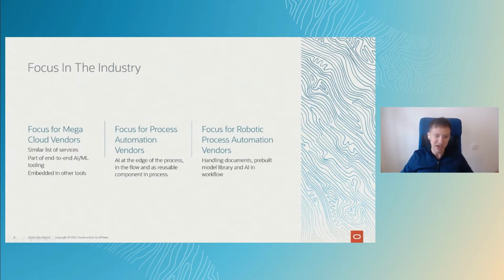Process automation vendors are trying to use AI services at the edge of the process, to start the process, to trigger under certain algorithm conditions, to proceed with the process flow, to speed it up with recommending next steps, SLA violations triggering as well, recommending the best next document, content item, person, expert, maybe learning path. And of course, the overall idea of reusability of AI pieces within the right place in the process automation flow is used in process automation vendors.